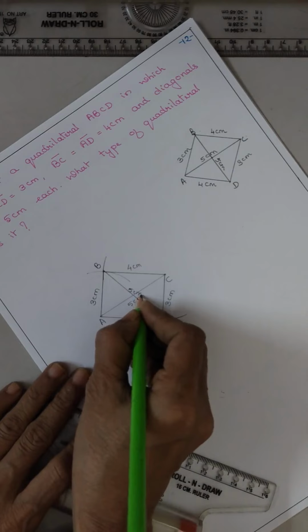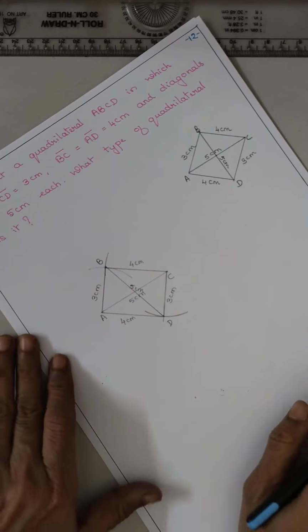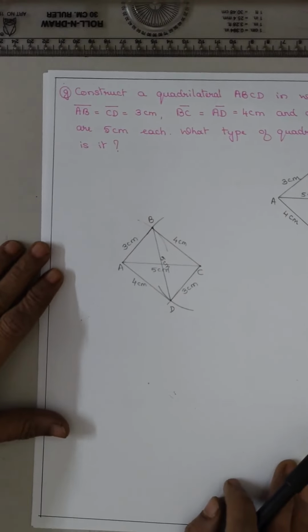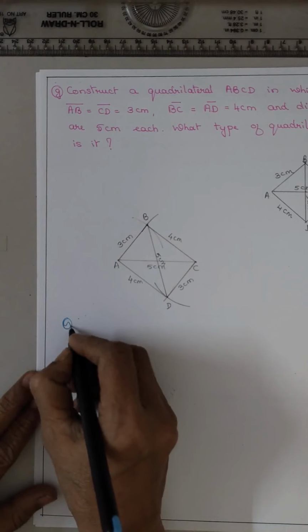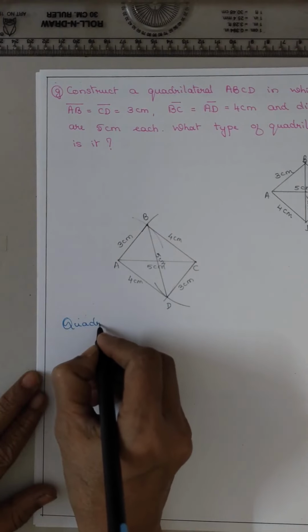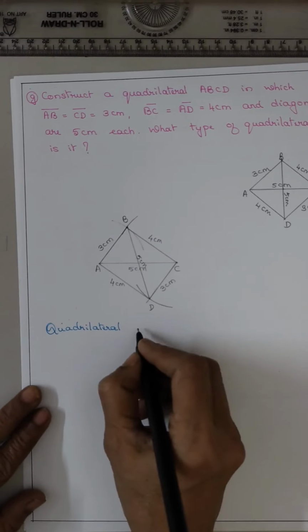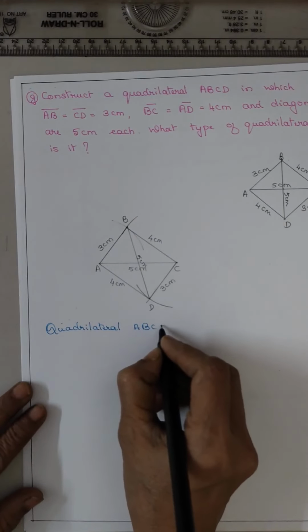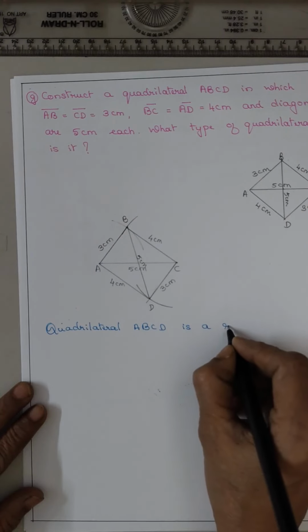Now which type of quadrilateral is it? Opposite sides are equal and the diagonals are equal. So which is it? The quadrilateral ABCD is a rectangle.